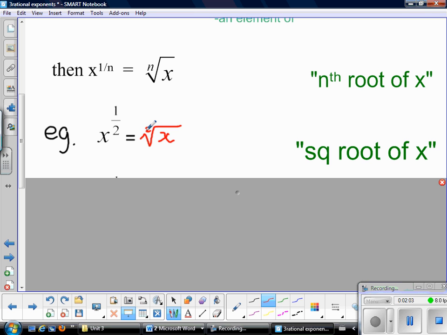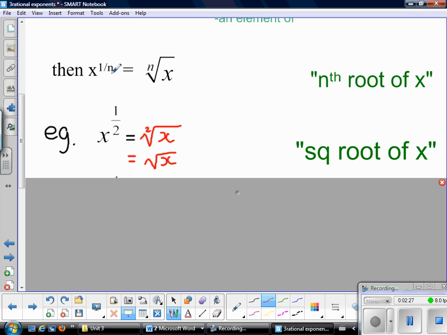We're talking about the square root of x. Now, square root, because it's so common, we often don't put the little number 2 there, because it is a common operation. So if you don't see a number in the crook of this root sign, then it means square root.